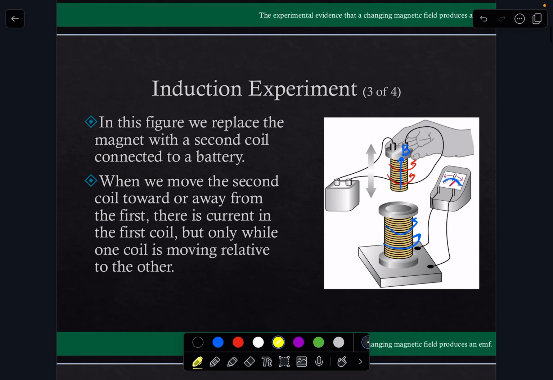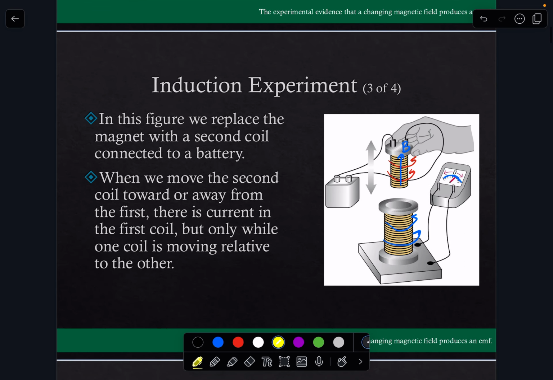So we can do this experiment another way. Instead of using a magnet to change the magnetic flux, we could simply use another set of current carrying wires, okay? Hook it up to a battery so that current is flowing through those wires. And as you remember from the previous chapter, if the current is flowing in this direction, counterclockwise, we're going to get a magnetic field pointing up.